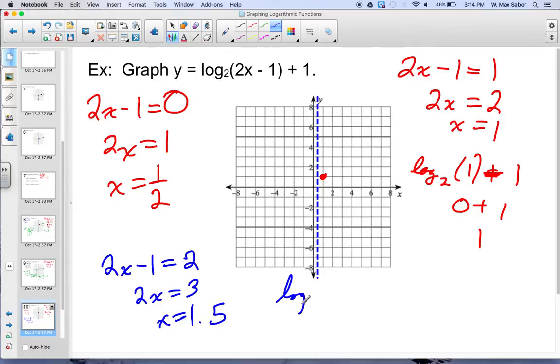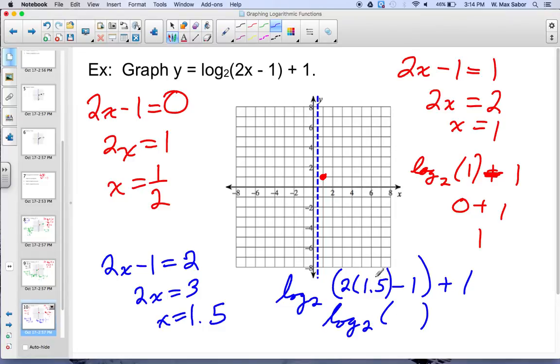So when I do log base 2 of 2 times 1.5 minus 1, plus 1, log base 2 of 3 minus 1, which is 2. So that's 1 plus 1, or 2. So when I plug in 1.5, I get out 2. So that gives me a good sense of where this is going.